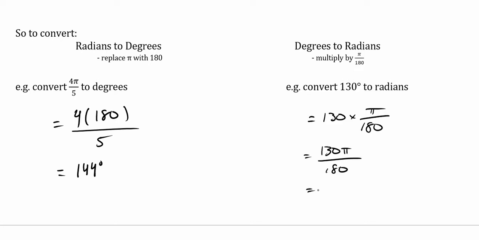We're not going to do this as a decimal, please. Leave it as an exact value. We do a lot of work with exact values in grade 12. 13 pi by 18. I just reduced the fraction of 130 over 180, and you could use your calculator for that, and then kept the pi.